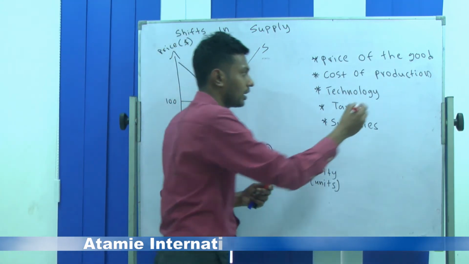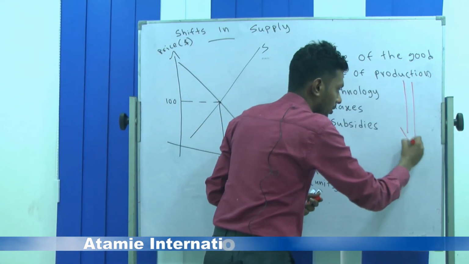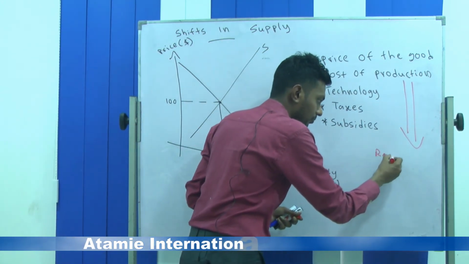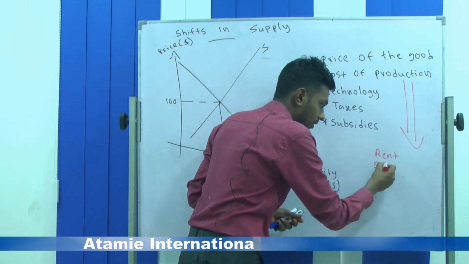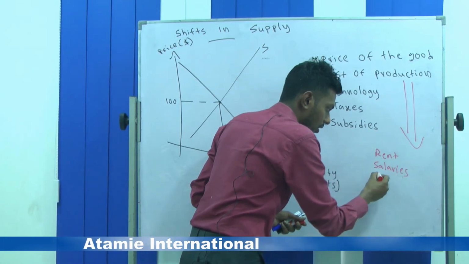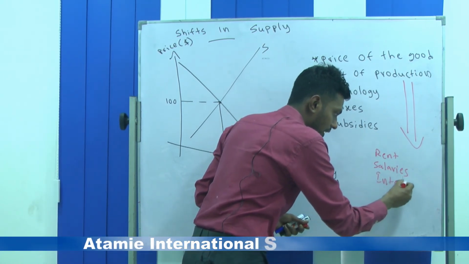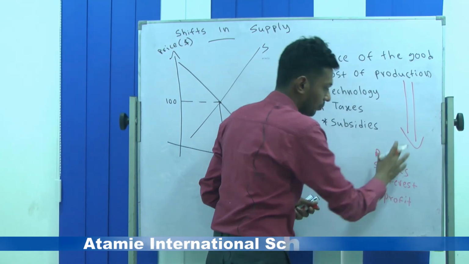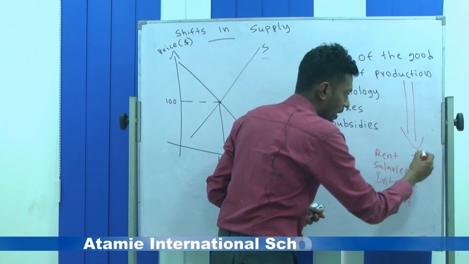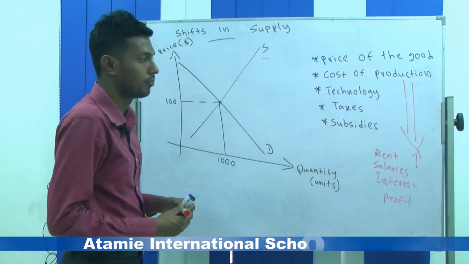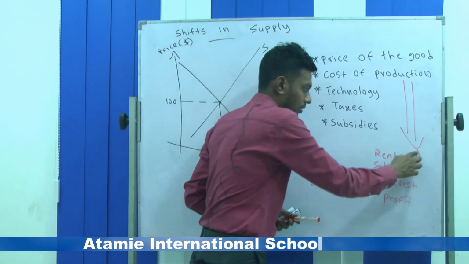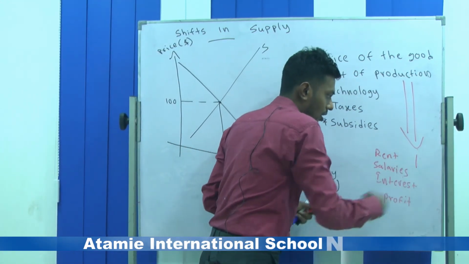Cost of production, let's assume, reduces. We know the cost of production: rent, salaries, interest. Then comes the profit. Let's assume while everything remains constant, the rent of the particular firm, the building, has reduced.